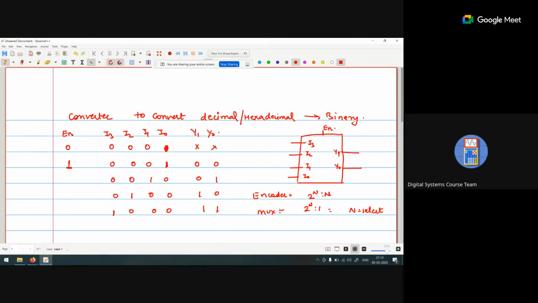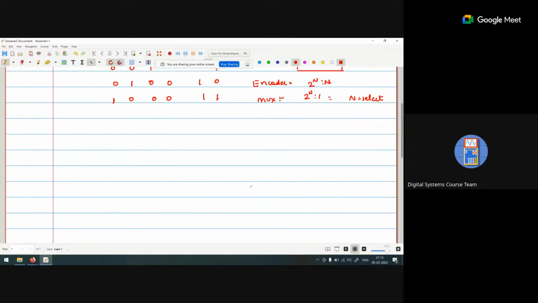Okay, if we require an 8 input encoder, we need 3 output lines and 8 inputs, input 7 to input 0, and output 2, output 1, and output 0.